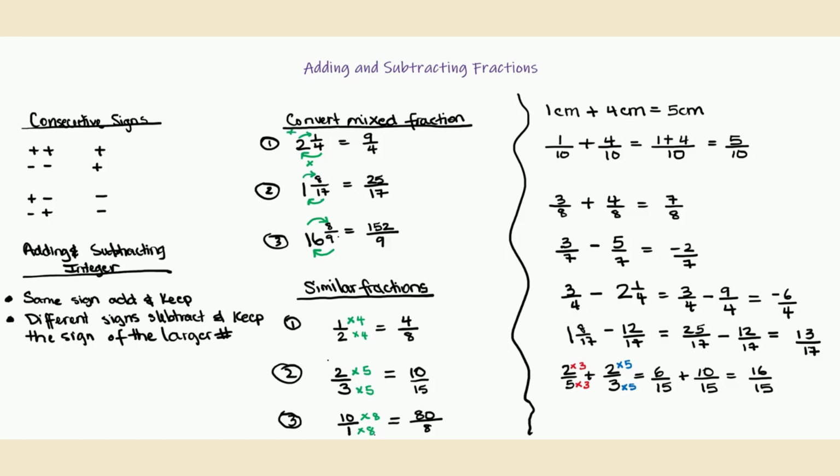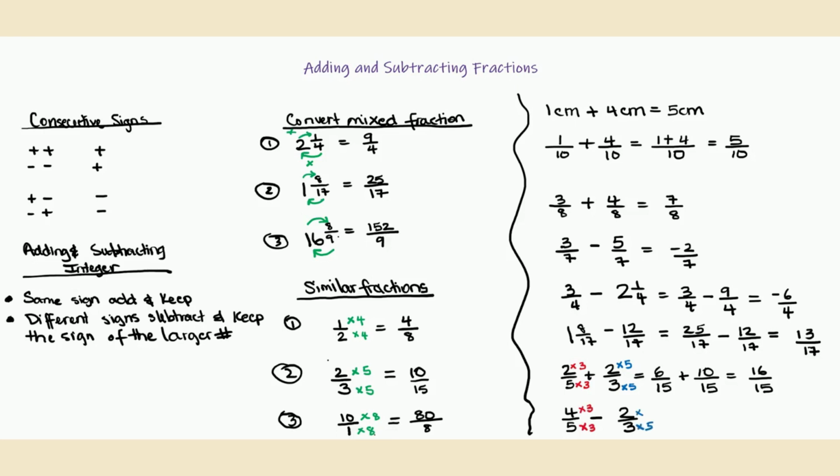So let's do another example of that. Let's do 4 over 5 minus 2 over 3. Now again, we have the same situation where one denominator is 5 and one is 3. So we'll change both denominators to 15 by multiplying by 3.